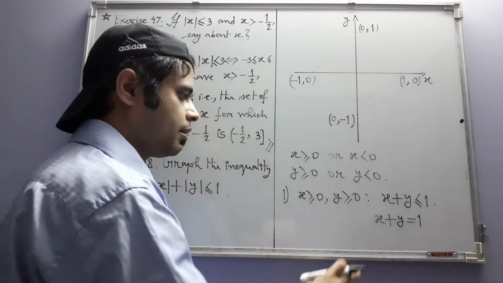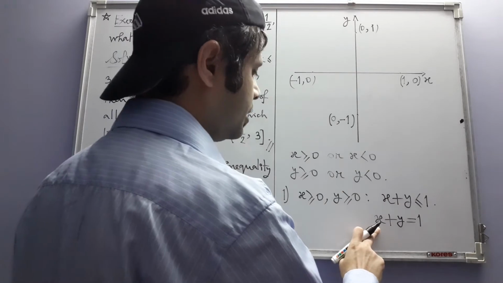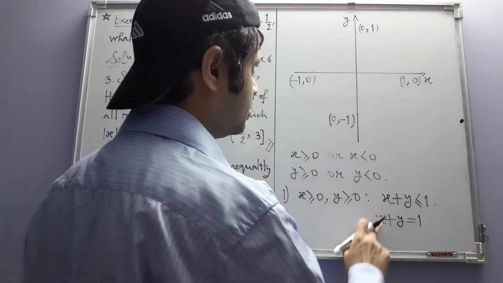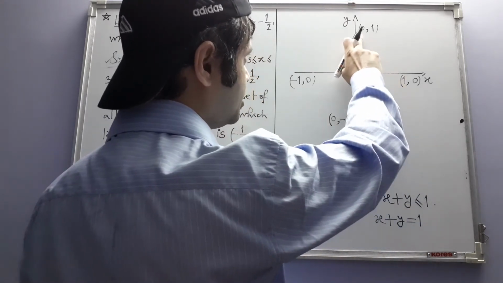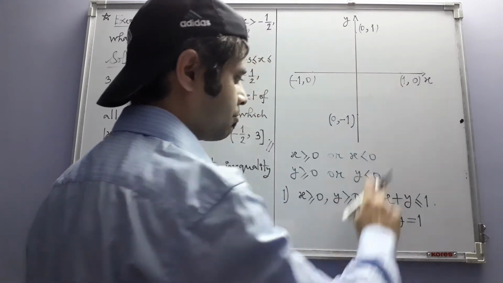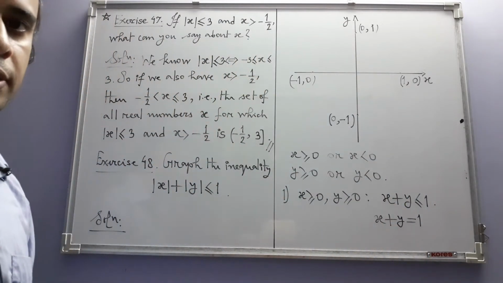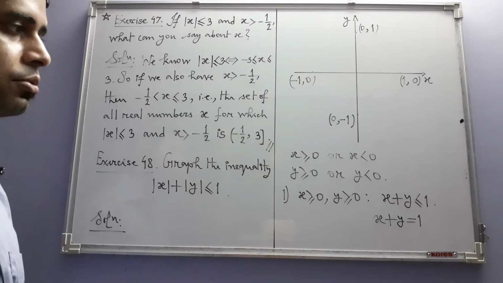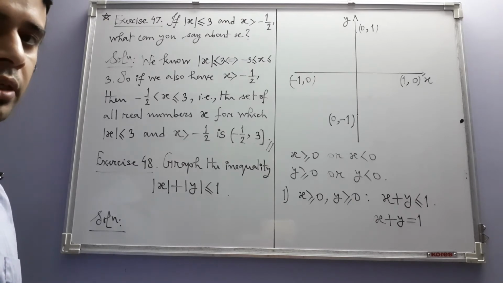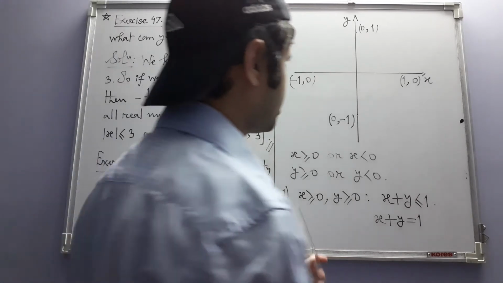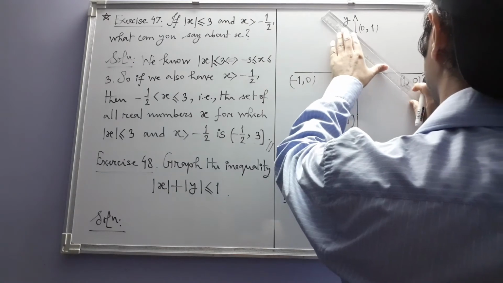What type of straight line? That you can see quickly by observing that both these points 0, 1 and 1, 0 lie on this straight line. So 2 points lie on a straight line, that will determine the straight line. It will pass through those 2 points.